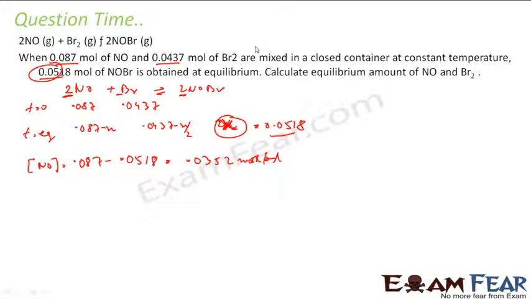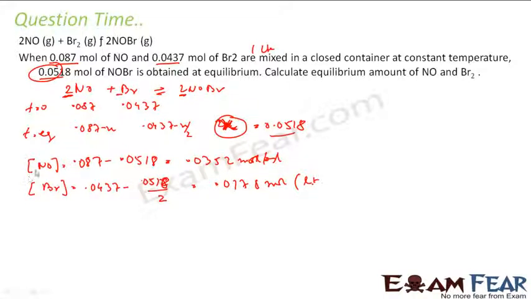Let's assume everything is in 1 liter now. So it will be mole per liter. Similarly, the concentration of Br2 is what? 0.0437 minus x by 2, that is 0.0518 by 2. You solve this, you get 0.0178 moles per liter.